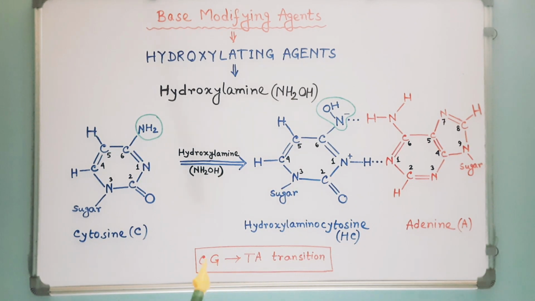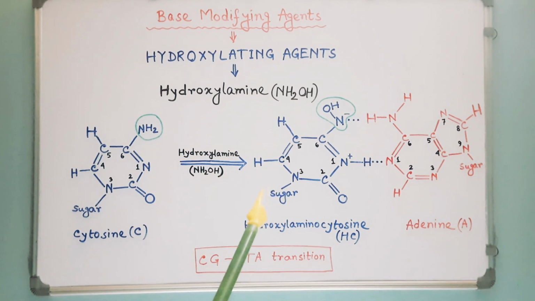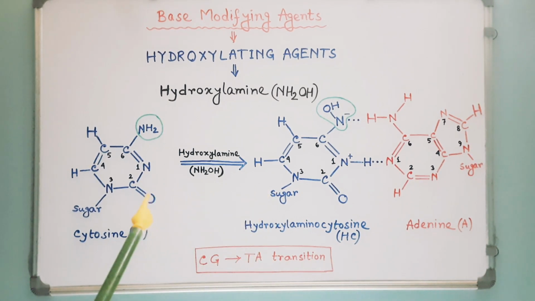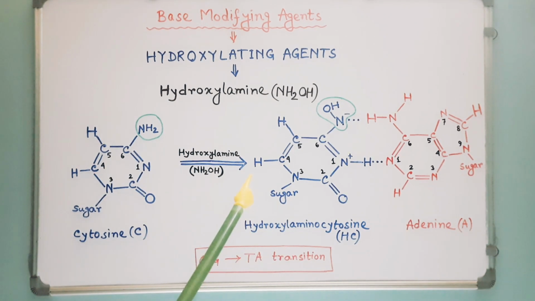So, hydroxylamine induced mutations cannot be reverted by a second treatment with this chemical. However, they can be reverted by treatment with other mutagens such as 5-bromouracil and nitrous acid that cause TA to CG transition mutations.